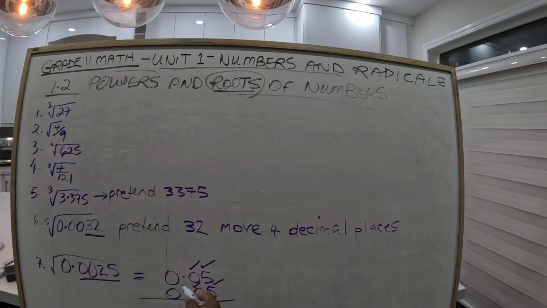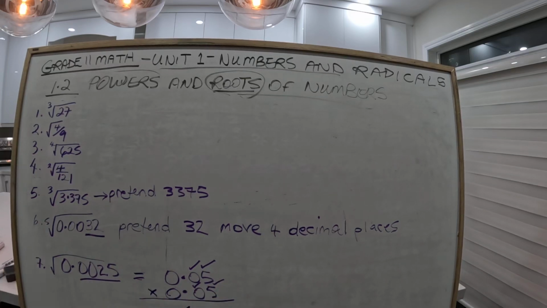If I were to multiply this by itself, I won't go over to the right or left, because that will give me a whole number, and because a decimal is multiplied by itself, this is what I would have to do. I'm just reminding you. So it would be like this. 5 times 5 is, so I need 4 decimal places. Okay, that's how I would have to do it.